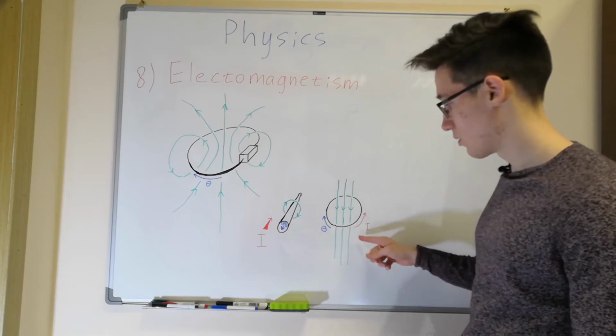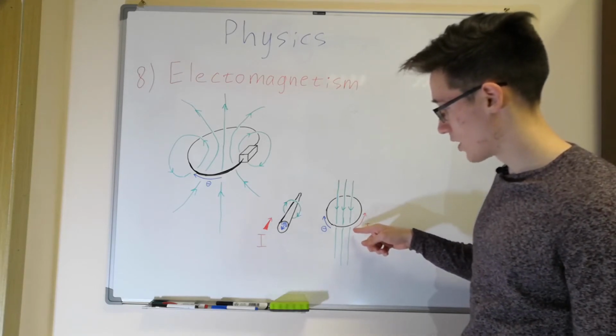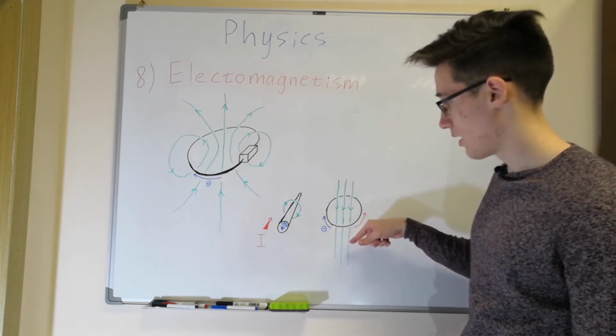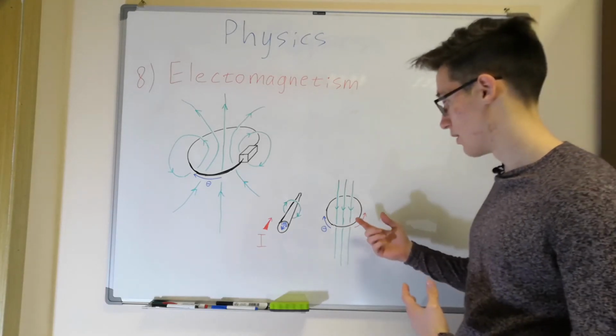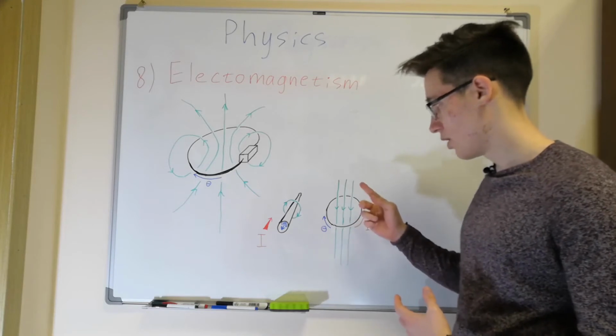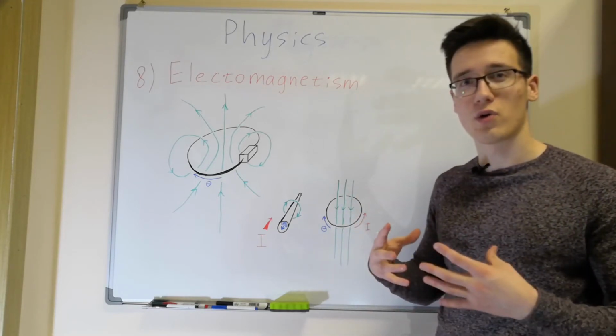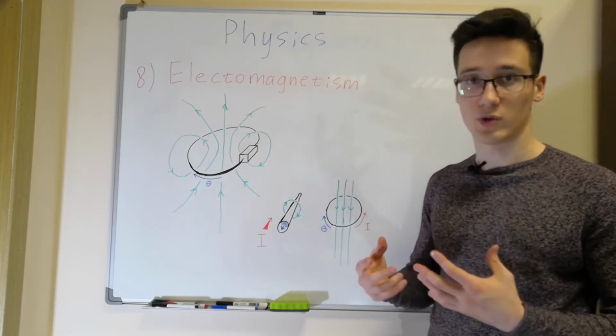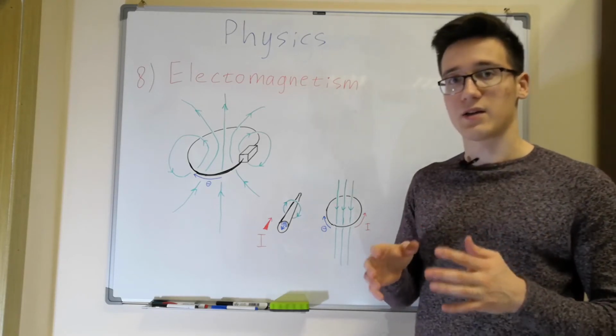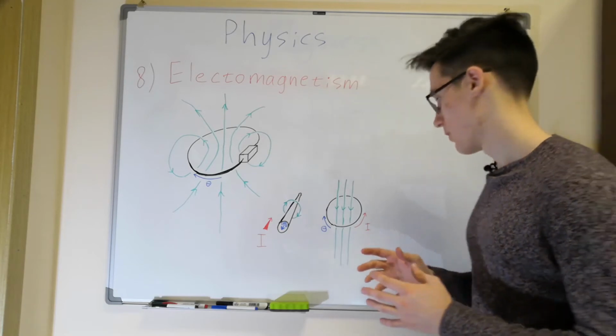So if the external magnetic field is directed as shown and its magnitude is increasing, then the current inside a wire will try to lower that increase in magnetic field magnitude by creating its own magnetic field. And we can apply the right-hand rule here too.